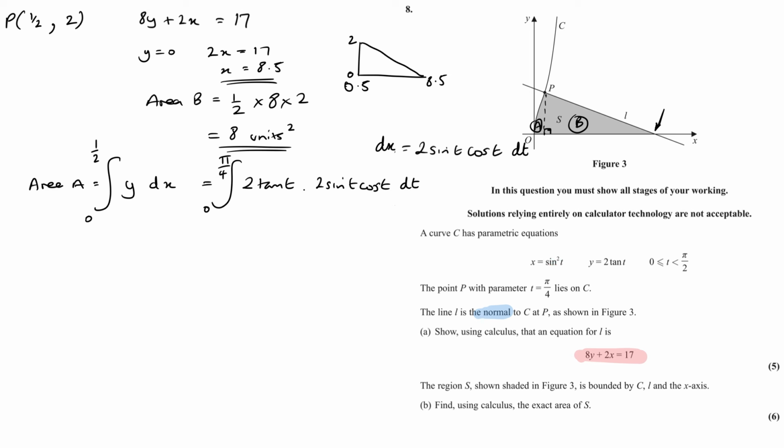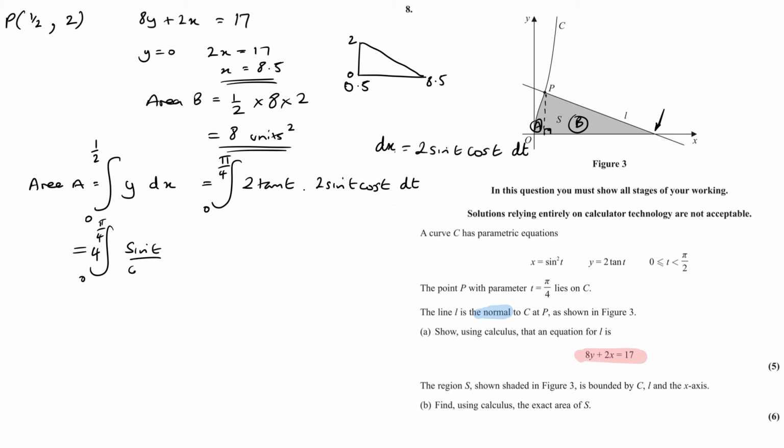Okay, so that's what I've got now as my new equation. I'm just going to do a little bit of simplifying it, so to speak. So let's sort this out. So tan is sine over cos. So we've got pi by 4 and 0. 2 and 2 is 4, so I'll take that outside.